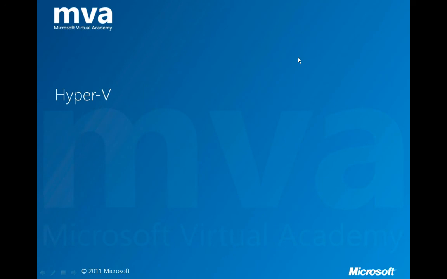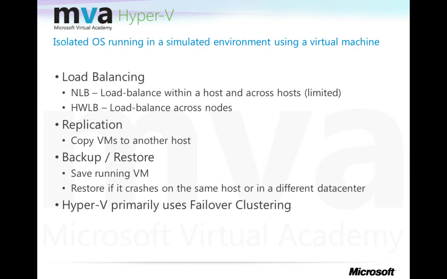Let's move on and talk about Hyper-V a little further. Now, as we mentioned, Hyper-V's primary technology is failover clustering, but there are still several other high availability solutions which can be used with Hyper-V. First of all is load balancing. Hyper-V can use network load balancing either within a host or across multiple hosts.